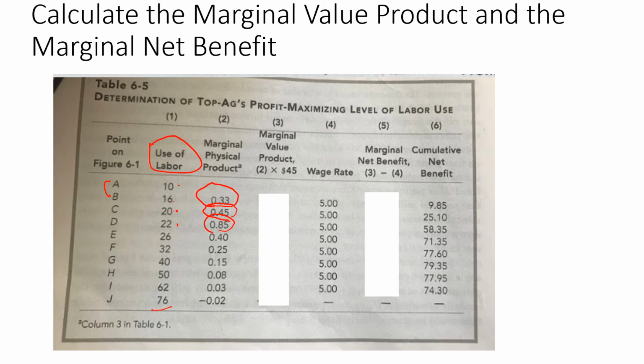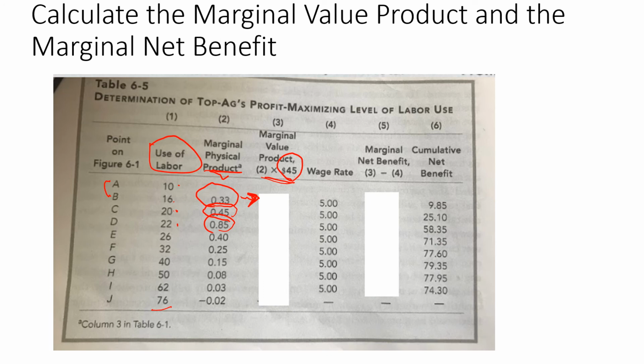So our marginal value product is our marginal physical product times the product price. And we're using the same example from previous examples where our product price is $45. Between A and B, our marginal physical product is 0.33, and we multiply that 0.33 times $45 to see what our marginal value of product is.